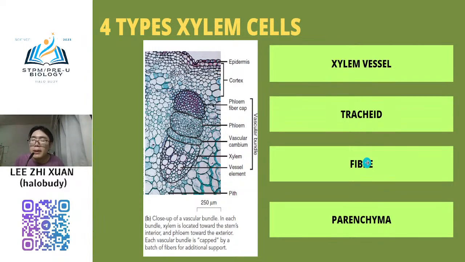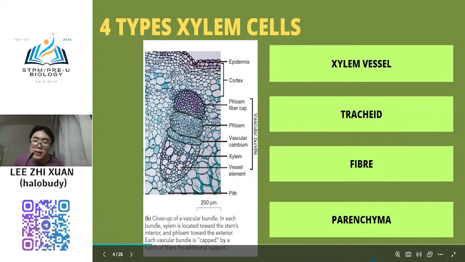Fiber and parenchyma are not involved in water transporting. So in the exam you normally need to mention xylem vessel. You cannot write just xylem. If you write xylem, no marks, because xylem contains 4 cells and not all the cells are involved in water transporting. Only the xylem vessel and also the tracheid are involved in water transporting, but the major role in transporting is the xylem vessel.